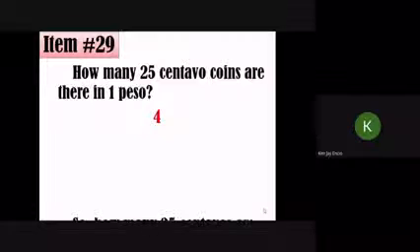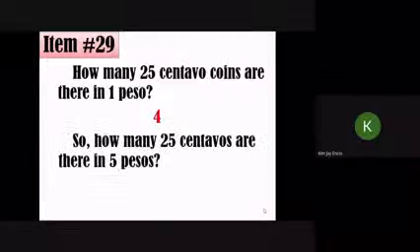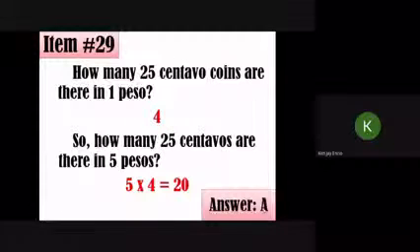And since there are 5 pesos, and in each peso there are 4 25 centavo coins equal to it in value, we have to multiply them. That's 5 times 4, which is 20. So the answer is letter A. There are 20 25 centavo coins that are equivalent to 5 pesos.